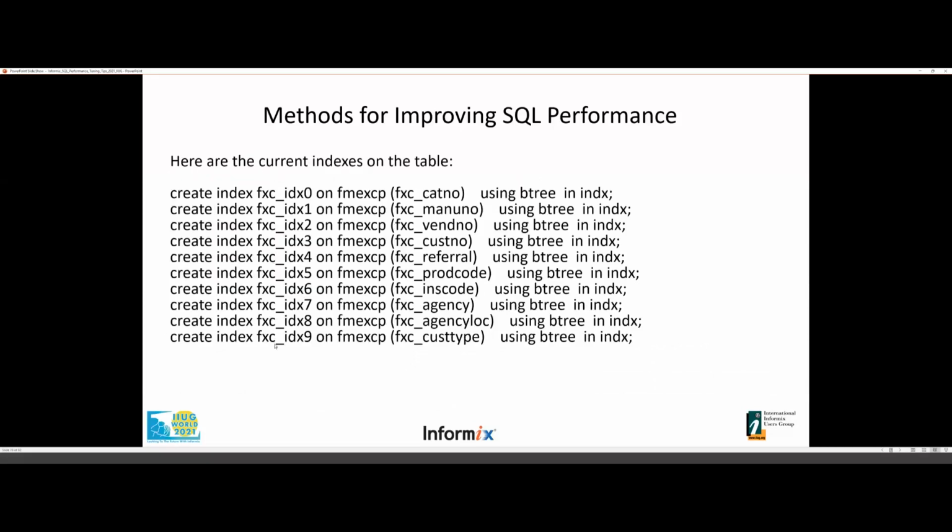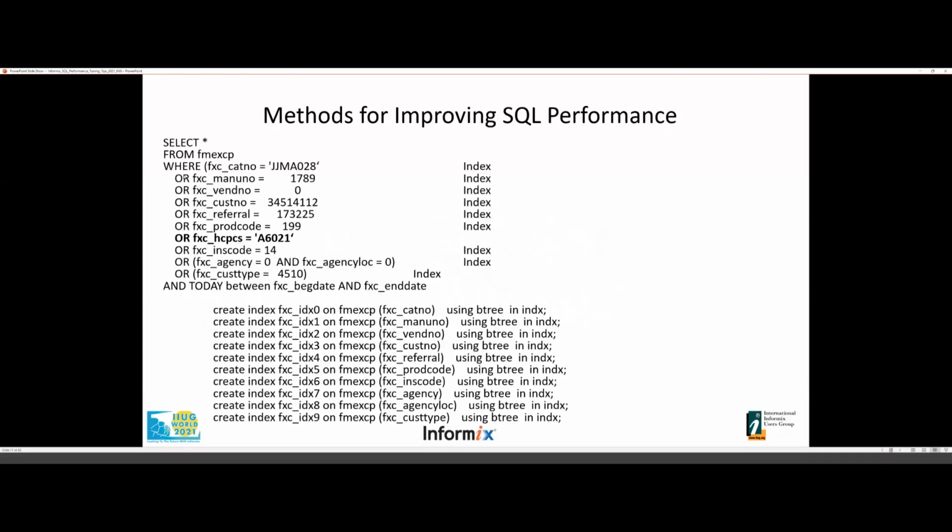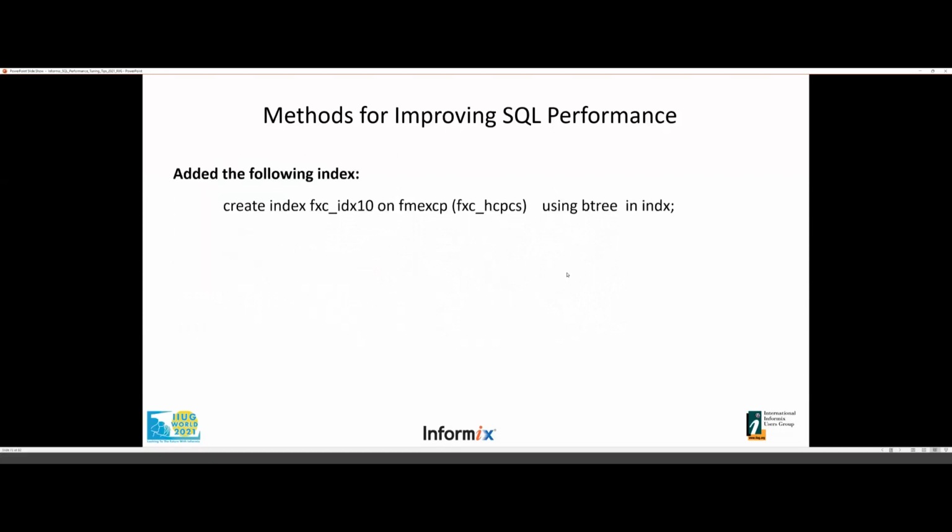Here are the current indexes on the table. Looking at the query, all these columns had indexes except the one in bold, so I went ahead and added an index on that one.